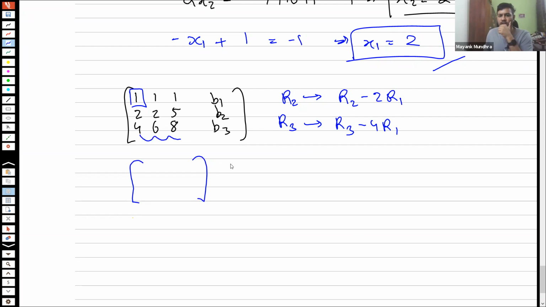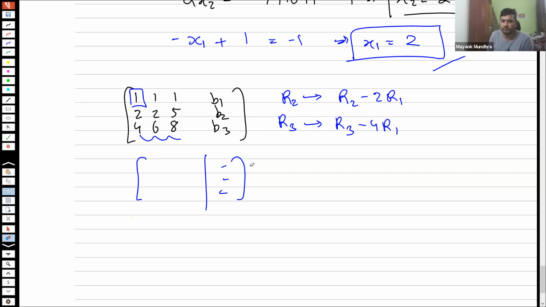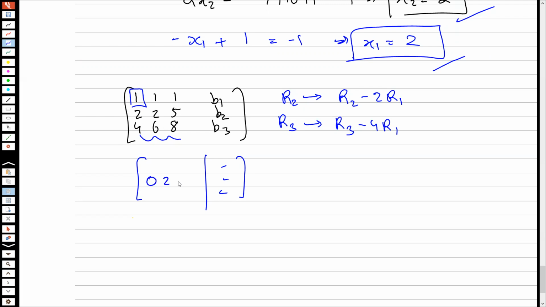Dhruv, forget B1, B2, B3, whatever happens to them, just tell me what happens to these numbers. The bottom row, take your time, no problem. It will become 0, 2, and 4.